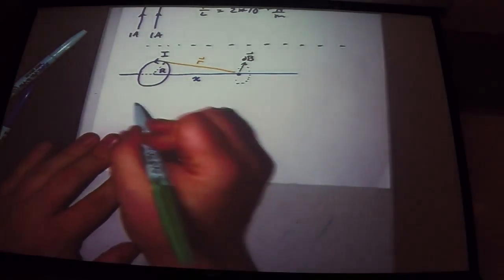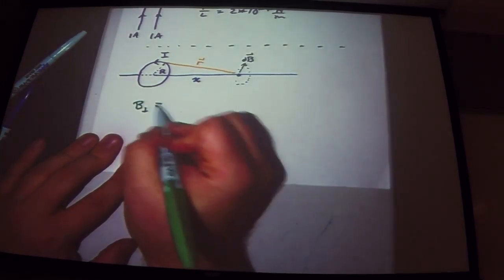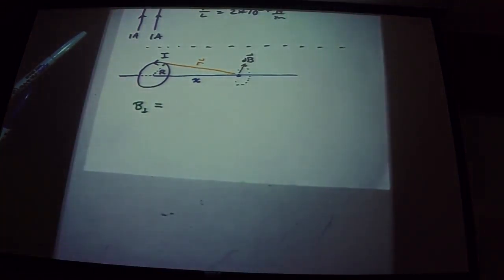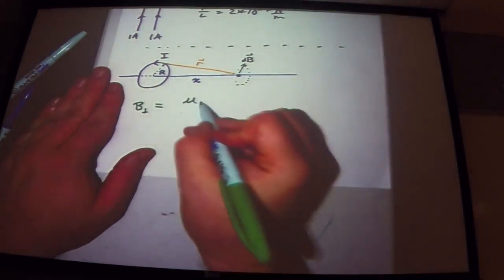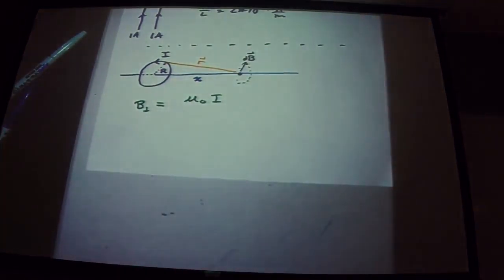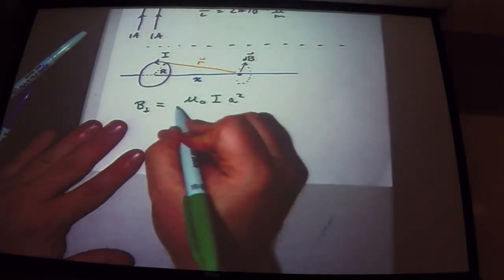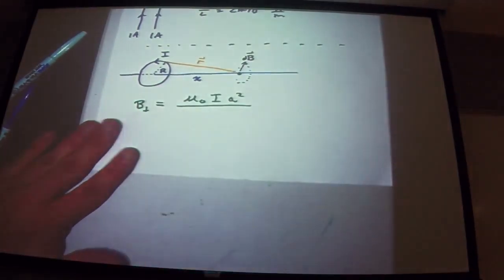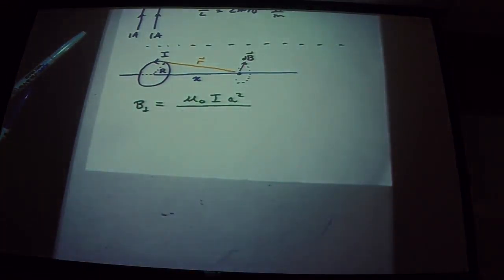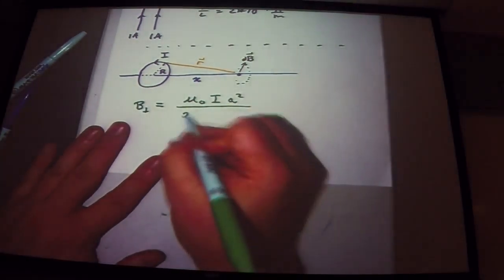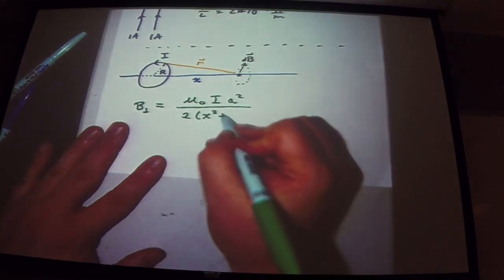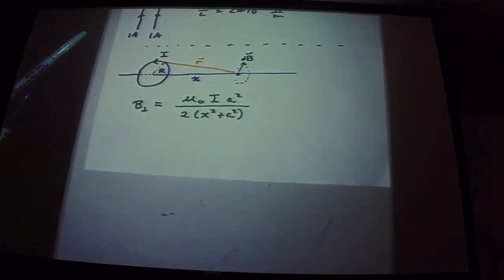So B perp is equal to, after you do the integration, you don't have to worry about it, mu naught I A squared divided by, where A, by the way, is the radius, divided by 2 times x squared plus A squared to the 1/2 power.